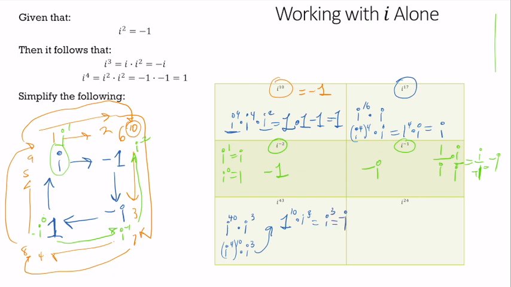Lastly, i to the 24th. Well, 24 is 6 times 4. So I've got i to the 4th to the 6th. Well, i to the 4th is 1. 1 to the 6th is just going to be 1. So that's how you work with i all by itself. The tip is to look for the biggest power of 4, the largest multiple of 4 that will fit into the exponent that you are working with.